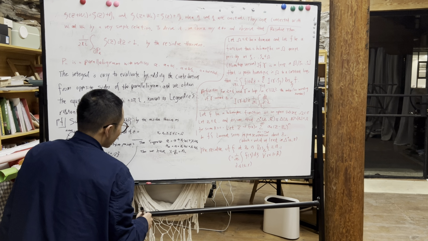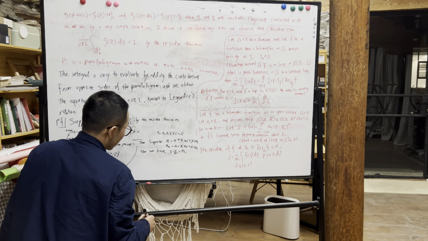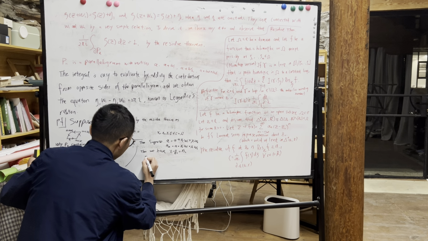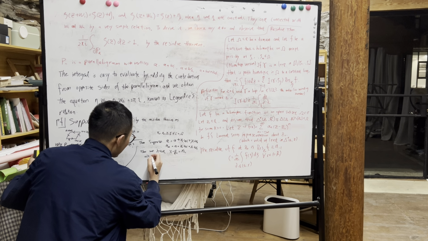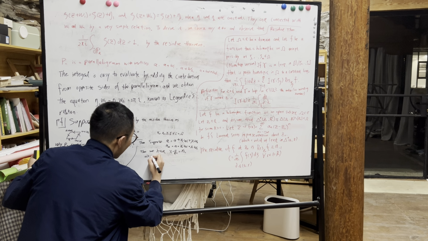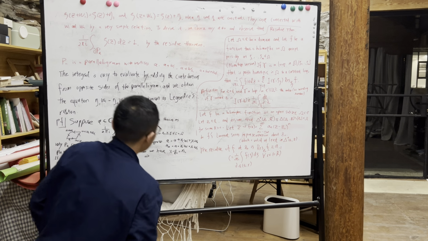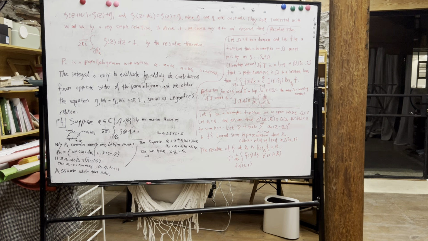So the only possibility is that, basically you have two integers. So y1 minus y2 equal to n2, and n2 is non-zero, right?